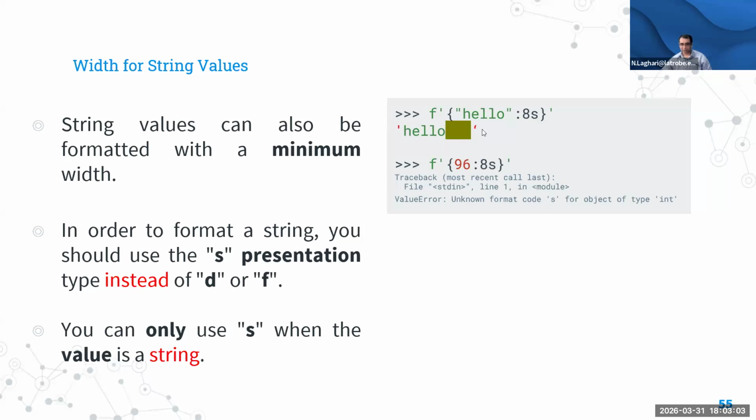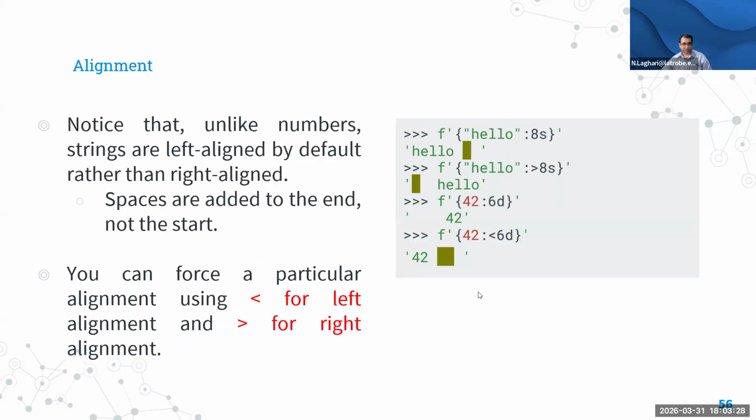So it will spare the 8 spaces and would print a string right aligned by default. And here we have tried printing 96.8S and it just gives us an error because it is not a string. For S, you need to have a string mentioned in the specifier.